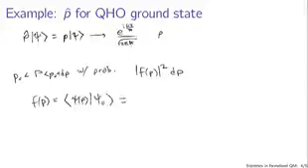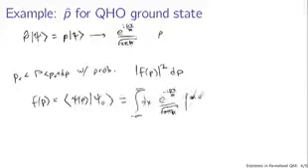And you can write out this inner product in terms of wave functions, if you know what these things are. Minus infinity to infinity, I'm integrating dx. And I have my psi sub p on the left, meaning complex conjugated. So this is going to be e to the minus i px over h bar divided by root 2 pi h bar. And then I have my quantum harmonic oscillator ground state, and we found that in a variety of ways.